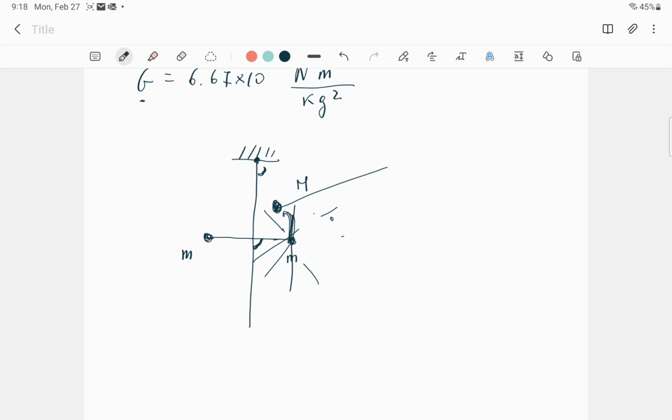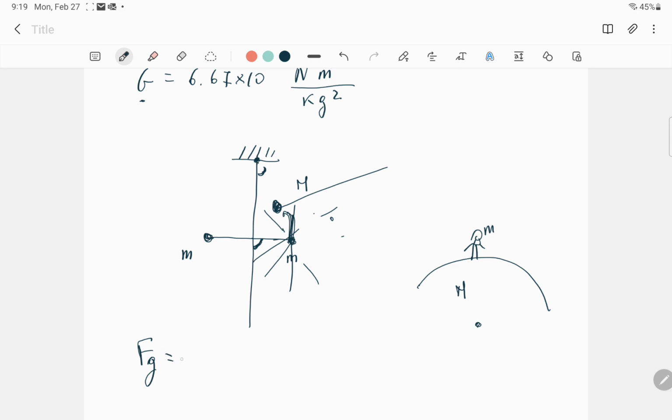Then for what we care about, if you are, for example, here on the earth, and this is you, so this is the center of the earth, the big mass, and this is you right there, with a smaller mass than the earth. Between you and the Earth, there's always, of course, gravitational attraction.